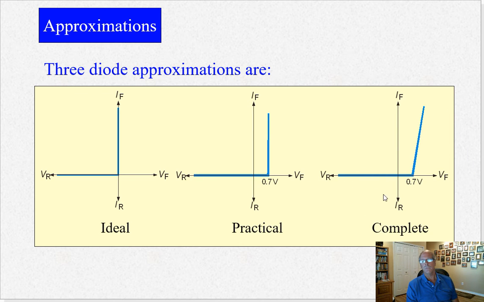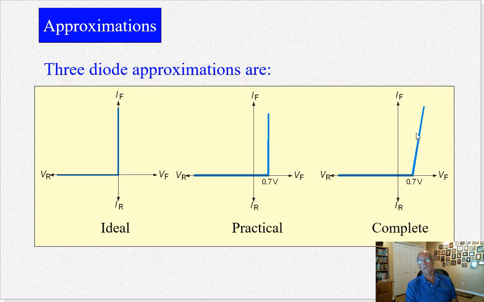And then for the complete, this should have actually another curve coming down here showing the reverse voltage. It doesn't, it should. But this includes a certain amount of forward resistance. That's why this curve is slanted a little bit. But we still have the barrier potential here at 0.7 volts.